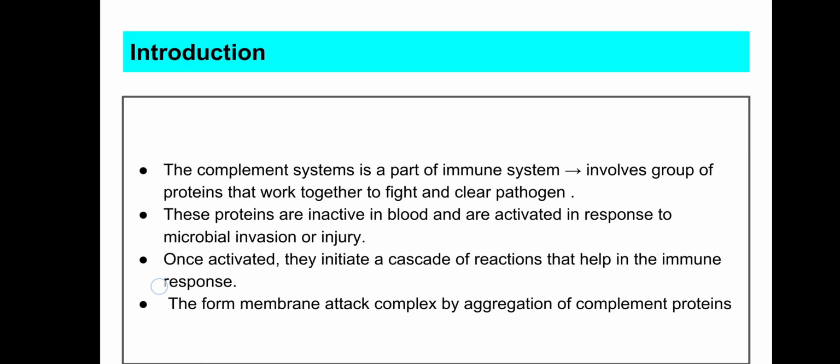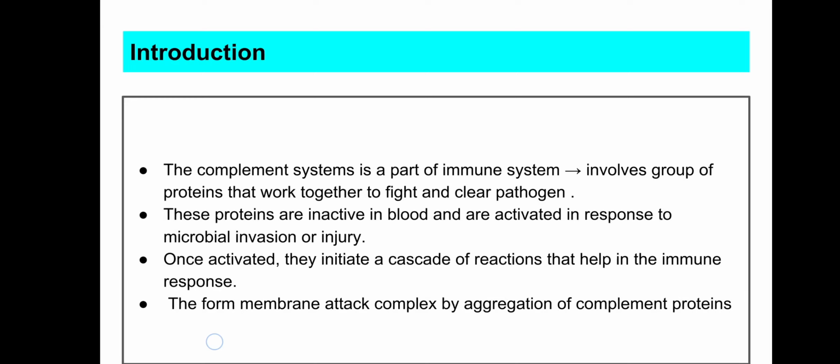These proteins are generally inactive in blood and get activated in response to microbial invasion or injury. When a person gets injury or some pathogen invades the body or a cell, these proteins get activated. Once they are activated, they initiate a cascade of reactions which helps in the immune response.